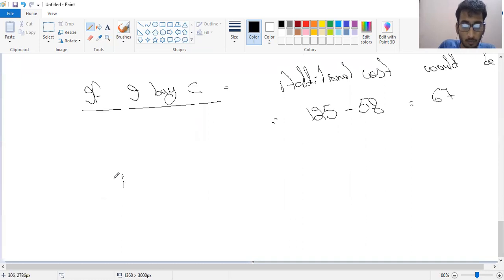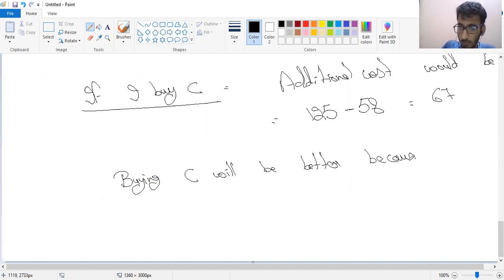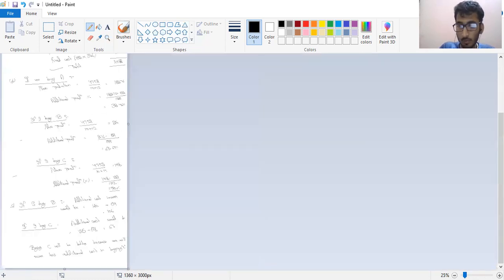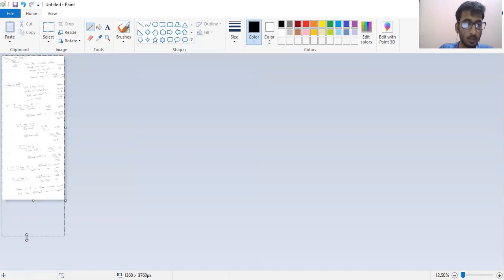So I can write: buying C will be better because we will incur less additional cost in buying C. Okay, so buying C would be better.